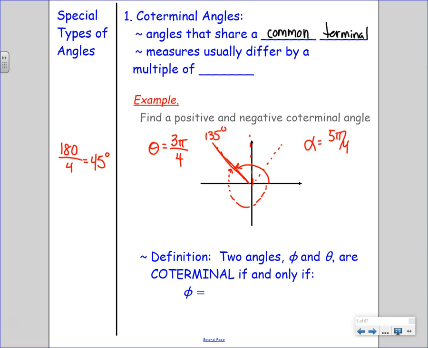Anybody figure out what that would be in degrees? 5 pi over 4 in degrees? How many 45s is that? That'd be 5 45s, right? So it'd be negative 225. I need the negative or else it's not going to work. I need to go the opposite direction. So I go negative 5 of those fourths, or negative 5 of those 45s. That's how to go negatively to the same place. That would be a coterminal angle. It ends in the same place.